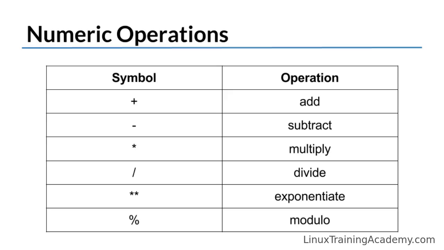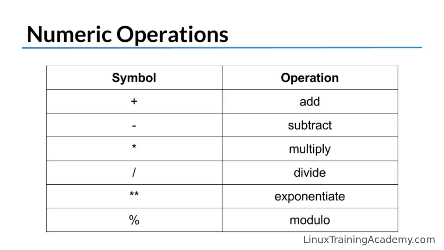The exponentiation operator is 2 asterisks. Exponentiation means to raise to the power of. For example, 2 followed by the exponentiation operator, followed by 4, means 2 raised to the power of 4. This is equivalent to 2 times 2 times 2 times 2 and results in 16.